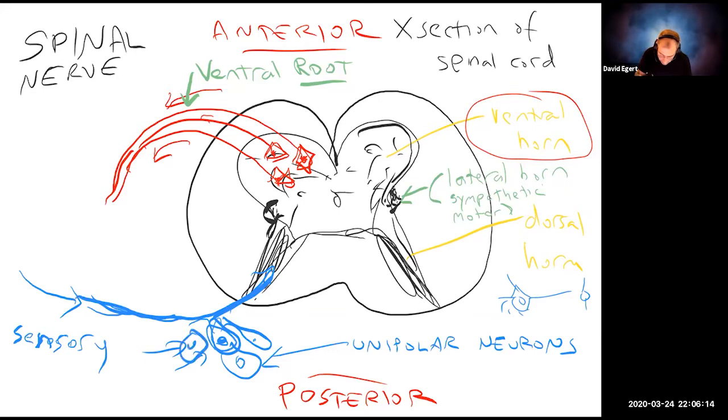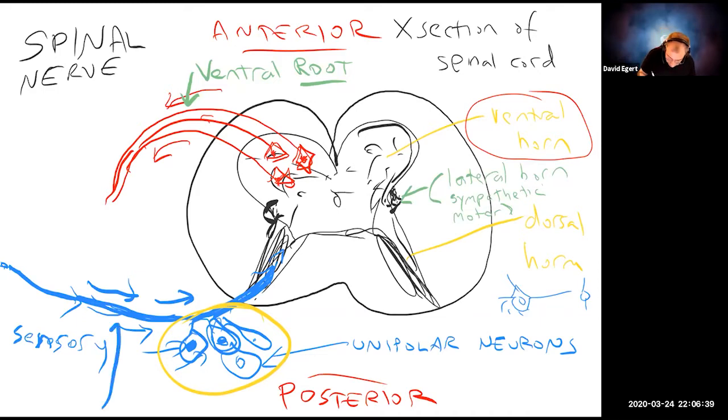So this is the cell body of the neuron, and then it has the fiber that starts from some sensory receptor and ends up coming in. So this collection of all the cell bodies of these unipolar neurons, right here, is near the axons connecting into the dorsal horn.